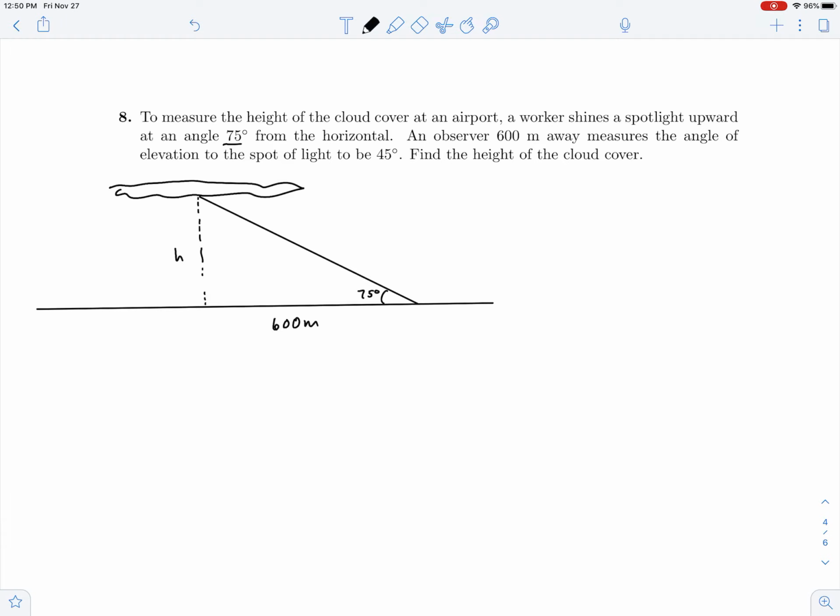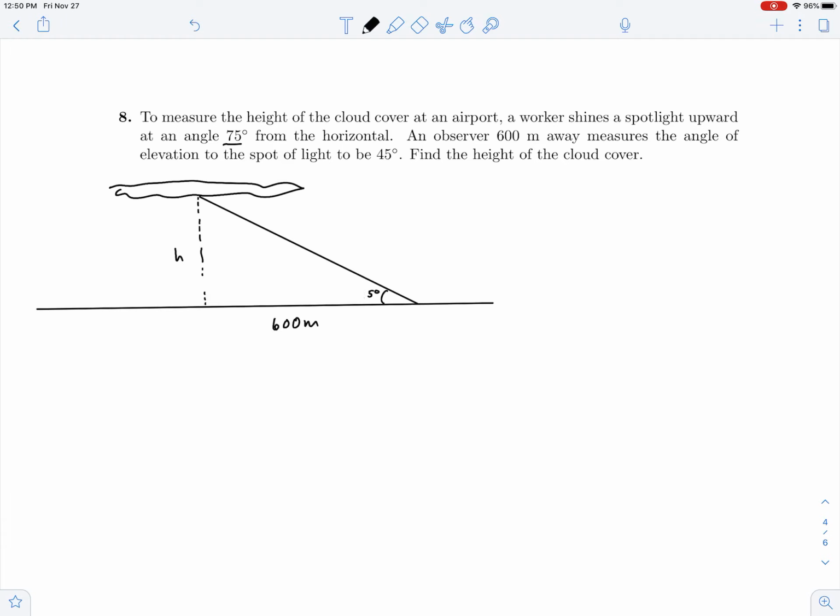Let me reread it. To measure the height of a cloud cover at an airport, a worker shines a spotlight upward at an angle of 75 degrees from the horizontal. An observer 600 meters away sees it at 45 degrees. So I'm going to go ahead and change this one to 45.